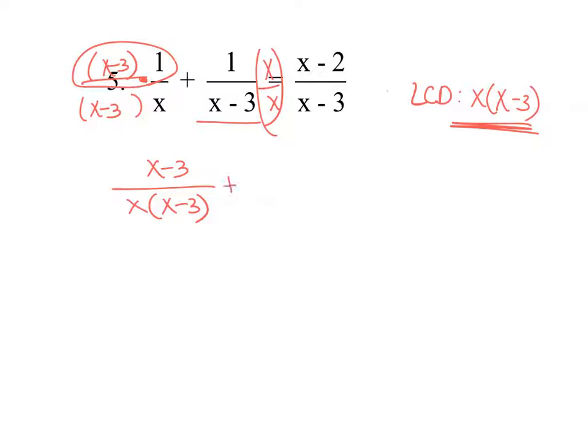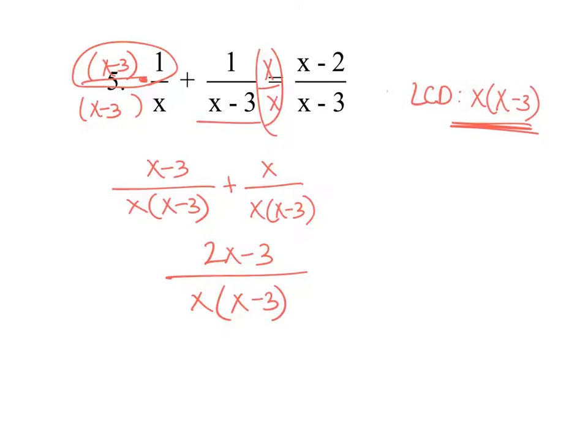In the next one, we have x times 1 all over x times x minus 3. Now at this point, we can add those together, right? X minus 3 plus x gives us 2x minus 3. And now what we've done is we've created one fraction on our left-hand side. Okay? Now, at this point, you can do a number of things.